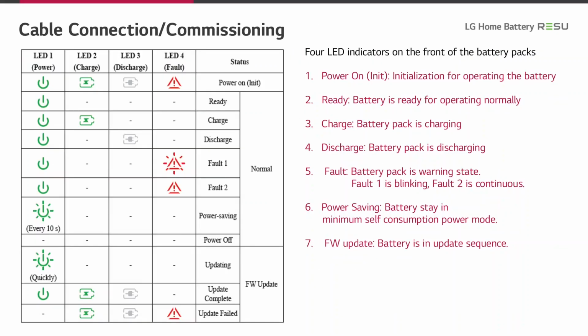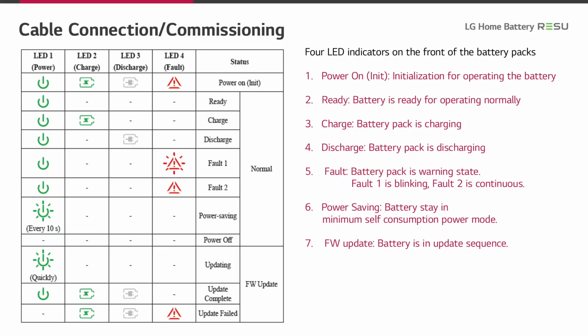The following chart shows you the state of the battery indicated by the different 4 LEDs which are at the front of the battery packs. Under normal conditions, the LED 1 is always green and on. LED number 2 indicates if the battery is charging or not charging.